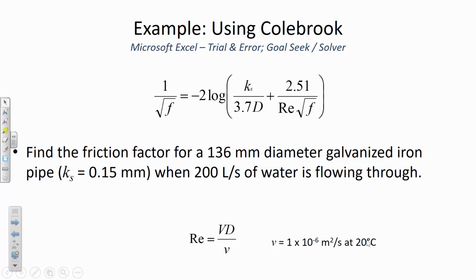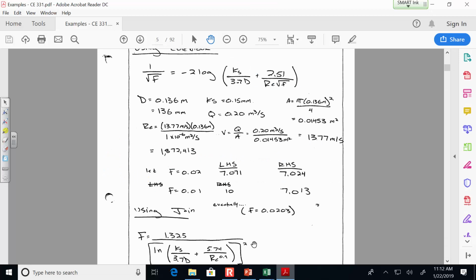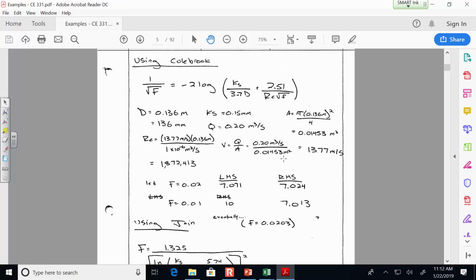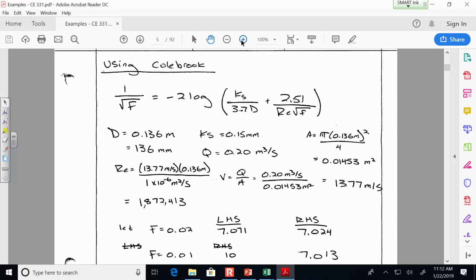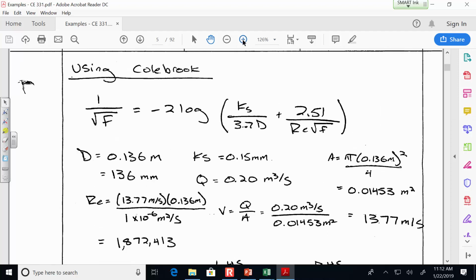Now what we need to do is try and find out if the left-hand side of the equation and the right-hand side of the equation are equal to each other. Just for those people who are following along at home, let me bring this up on the video. Okay, so we have to start with a guess.